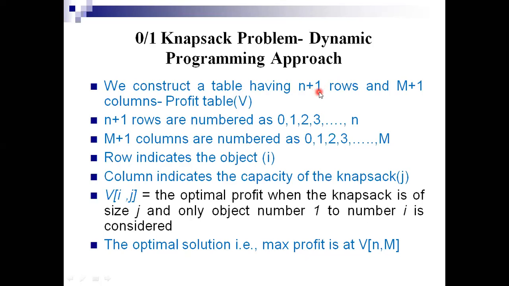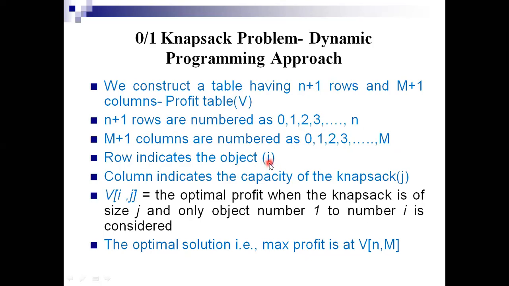So if 3 objects are there, 3 plus 1, 4 rows, and m plus 1 columns. These n plus 1 rows are numbered as 0, 1, 2, 3, till n. Similarly, m plus 1 columns are numbered as 0, 1, 2, 3 till m. So the row indicates the object that is indexed with a variable called i, right?